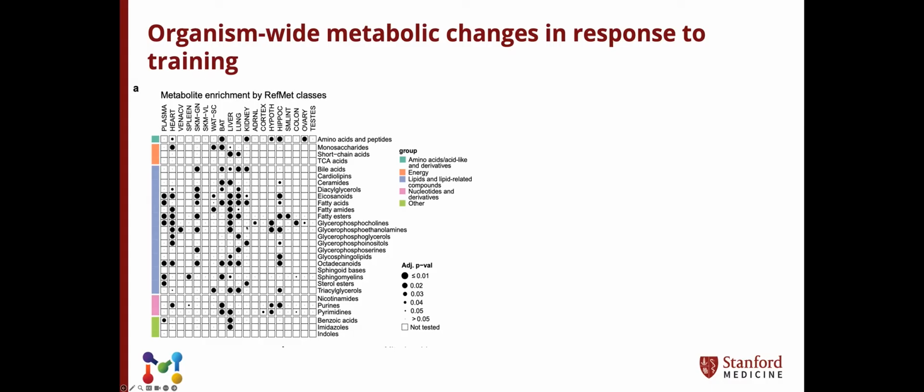Just looking at the 8-week response, we see, for example, that liver had the largest number of enriched classes of metabolites, a lot of different lipid classes. Also down here, you see, for example, pyrimidines. One example from this enrichment is 1-methylnicotinamide, which is known to play a role in inflammation, for example.